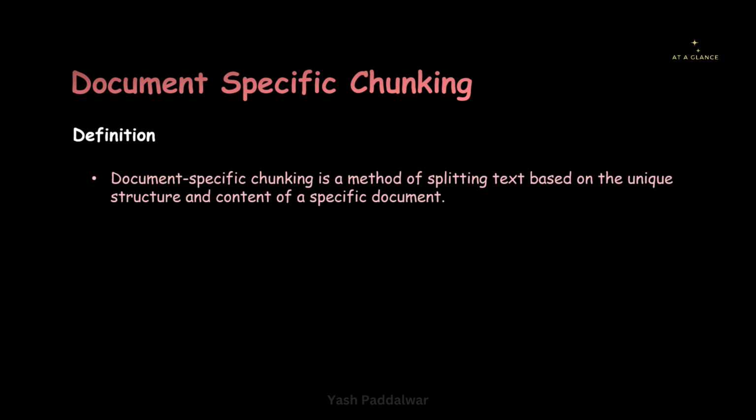Then we have MD files, which are nothing but Markdown files. Markdown files contain some particular format of text. There are headers, there are subheaders, there are some images which are formatted with some particular syntax. Also, there are certain links which are again formatted. One best example where we can apply this document specific chunking is code.